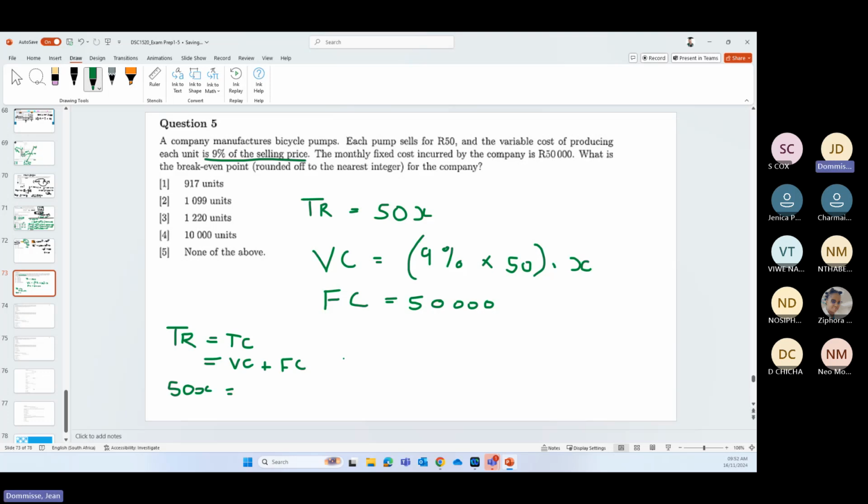So 9% times 50 is 4 rand 50 for every unit, plus the fixed cost of 50,000. Okay, so that will go over to that side. So 50 minus 4.5 is 45.5x is equal to 50,000.